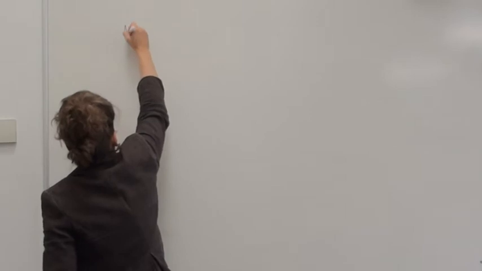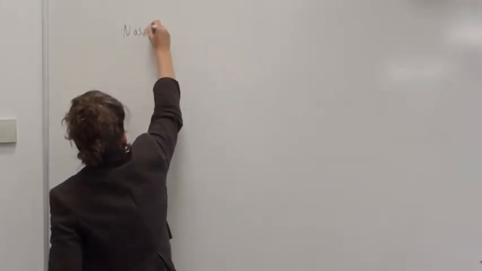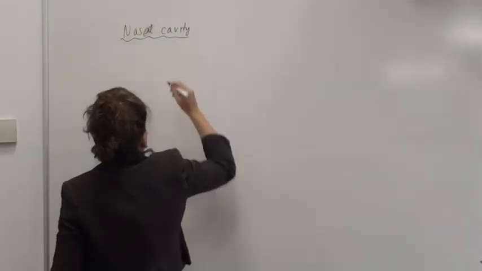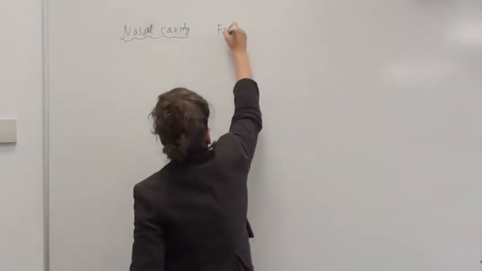Okay, so there's no problem with you following that pattern if you're using a book as one of your sources and doing it slightly differently to how I'm doing it. Yeah. Okay, so nasal passage, nasal cavity. Yeah, nasal cavity. Let's go with that. So first of all, let's discuss functions.